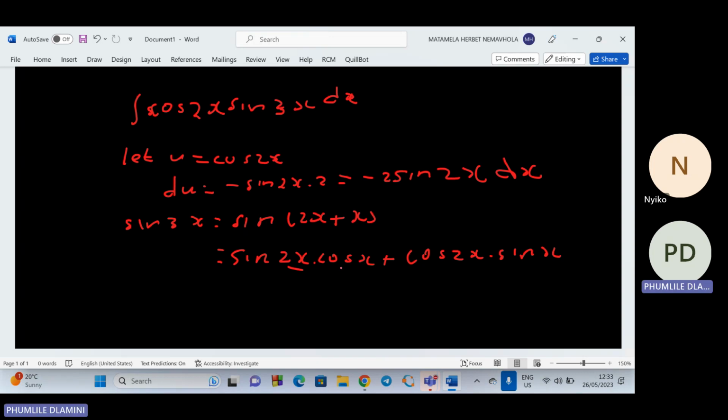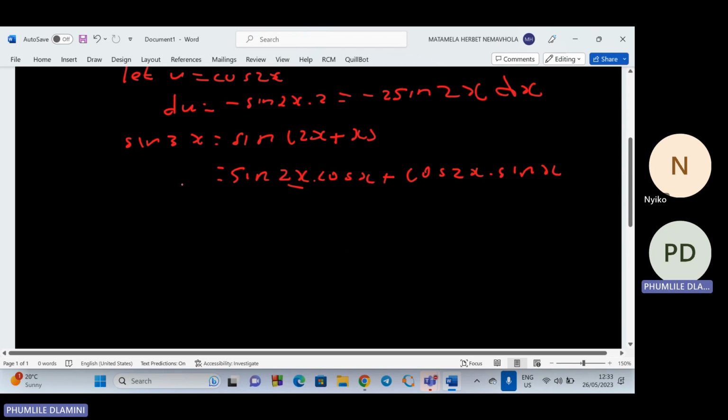Now that I have this, I can substitute it back into my equation. Before we take a very long step, the other thing we may need to take into account is, what is sine 2x?